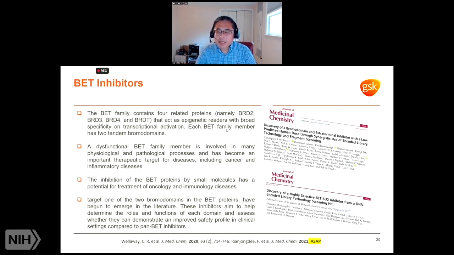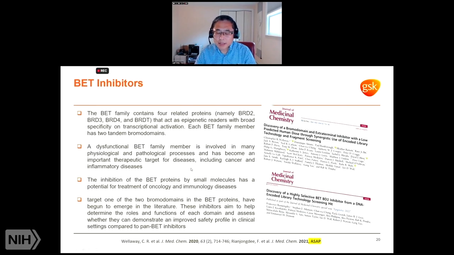And each BET family member contains 2 tandem domains. BET family members are involved in many physiological and pathological processes and have become important therapeutic targets for disease, including cancer and inflammation disease.